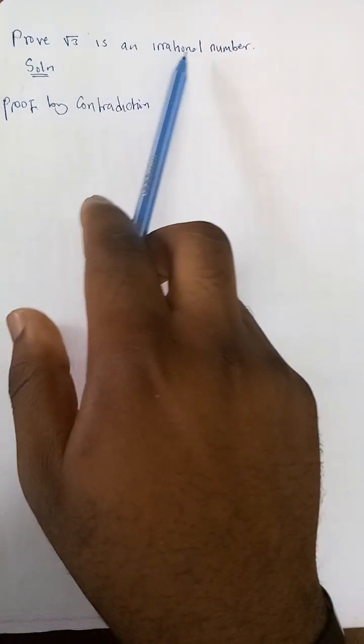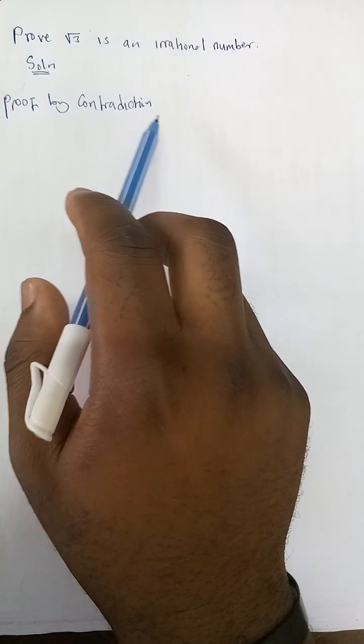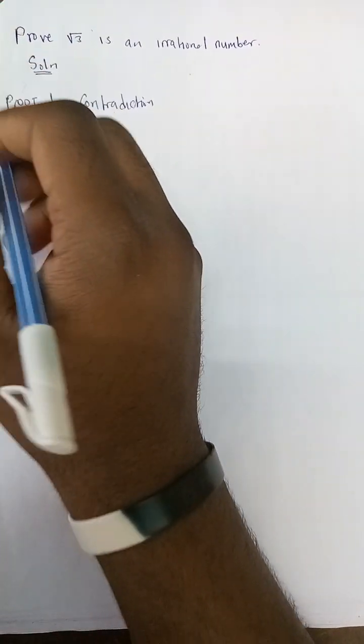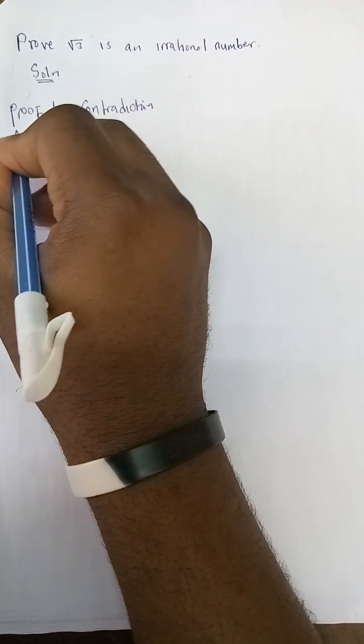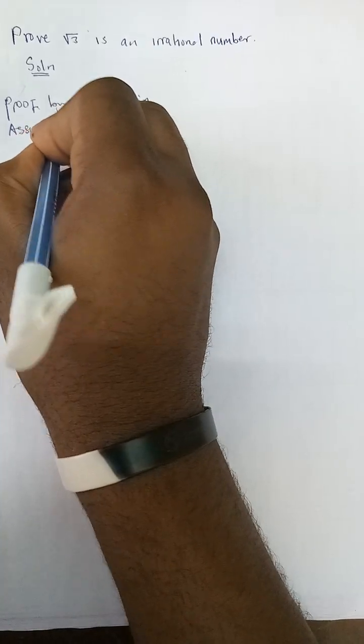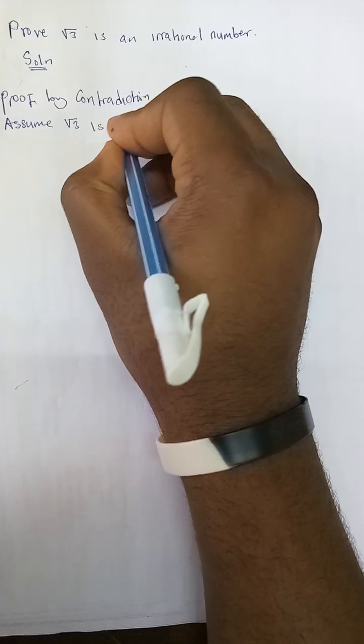But the question is saying we need to prove that it is irrational. So proof by contradiction: we say, assume the square root of 3 is rational.